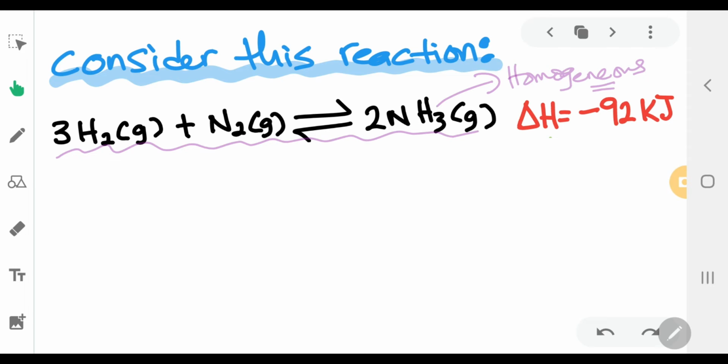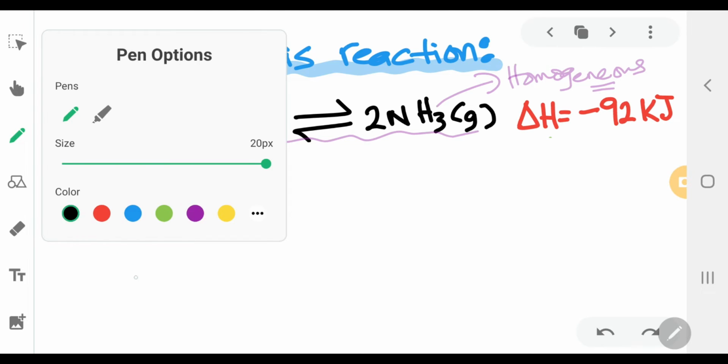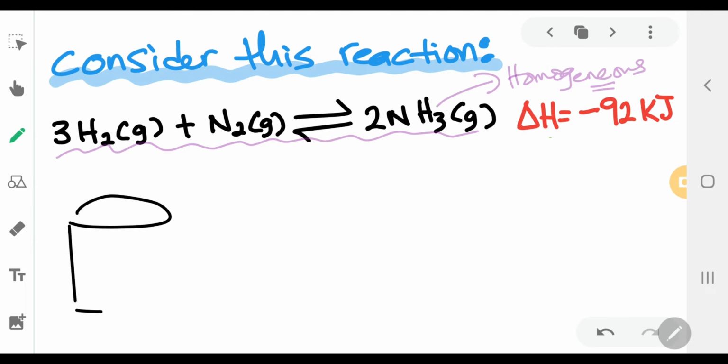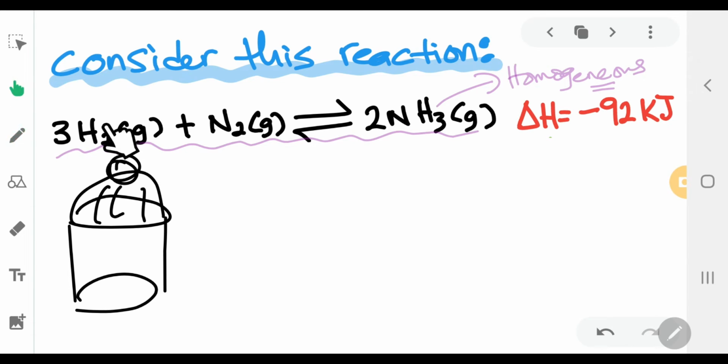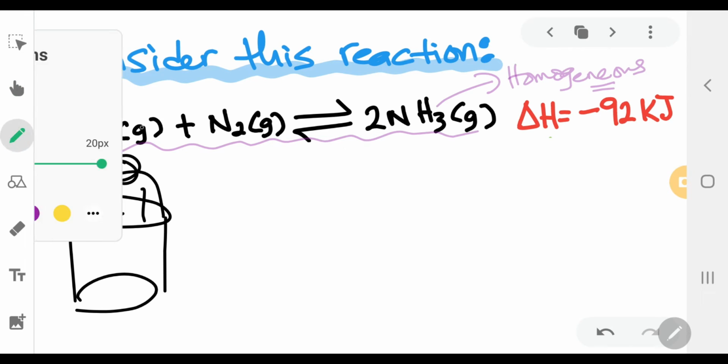To understand the effects of pressure and volume on an equilibrium, we have to think of the reaction as a whole system. We cannot change the pressure of the species individually because all of them will be placed in the same vessel, all of these gases that we have here.